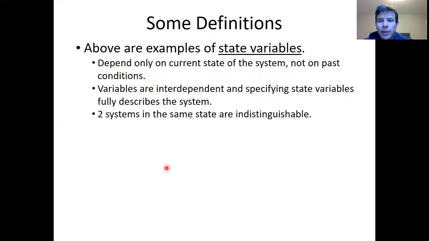All of these state variables are interdependent, and one of the goals that we're going to try and do here is to find an equation which specifies all of these state variables. If I do that, I will have fully described the system. And because that system is fully described, one of the ideas is that I have two systems which are in the same state. They're indistinguishable.